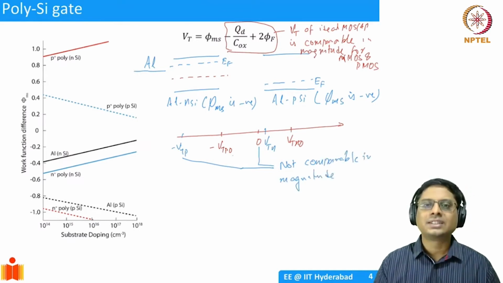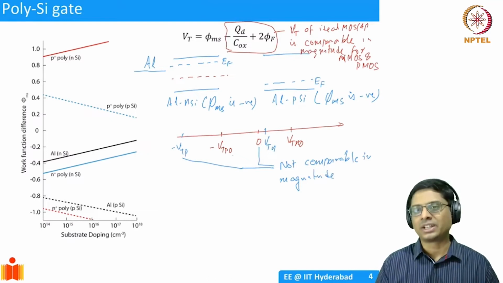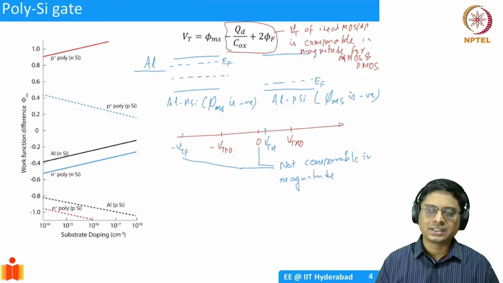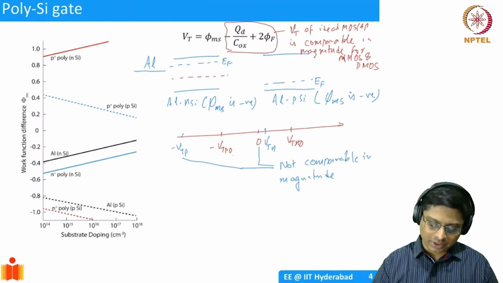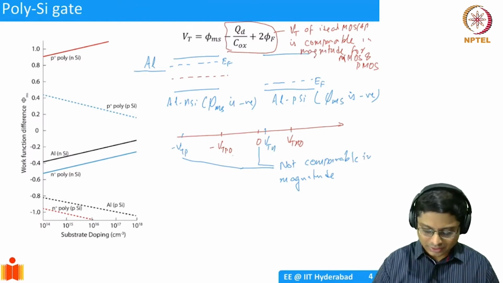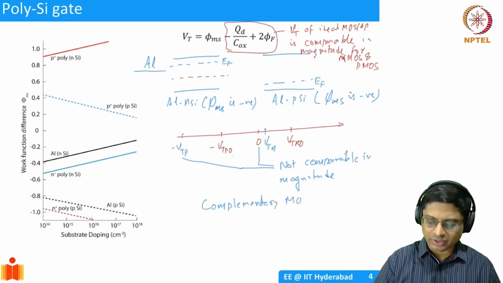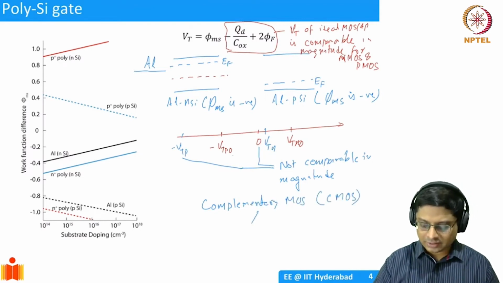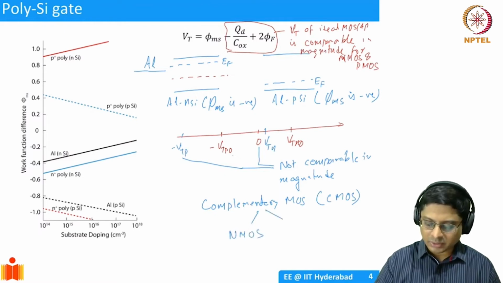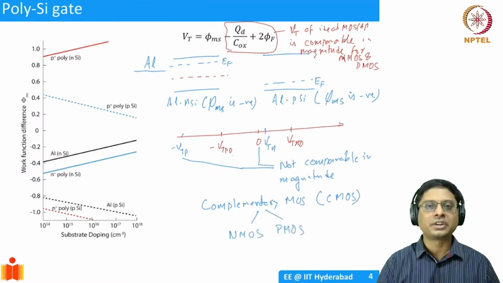And this actually has significant implications. We like the VT to be comparable, because in our technology today, you might have heard about it, we call it complementary MOS technology, CMOS technology, which essentially has NMOS transistors and PMOS transistors fabricated on a single chip.